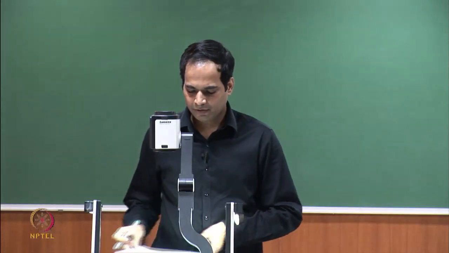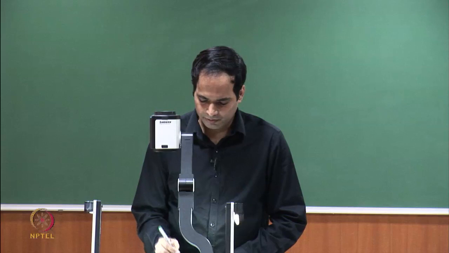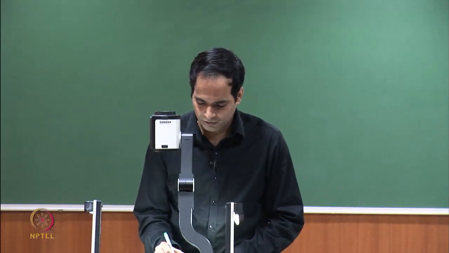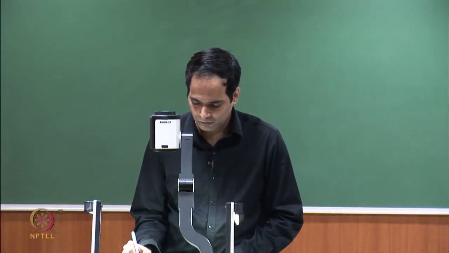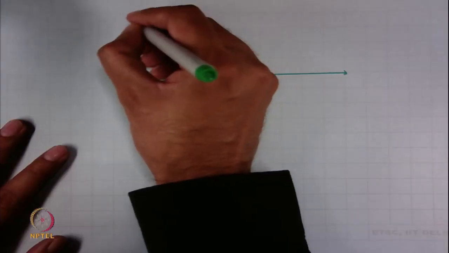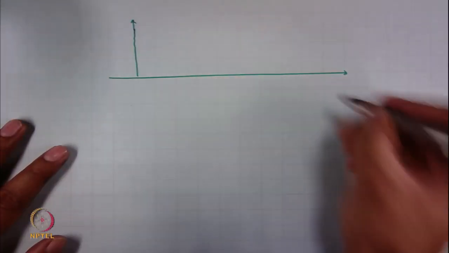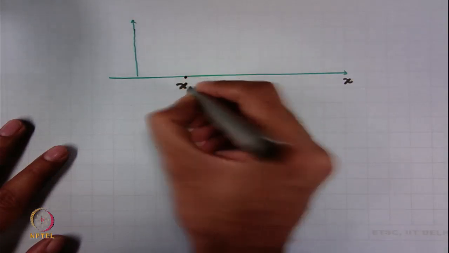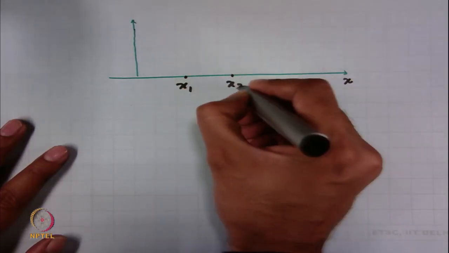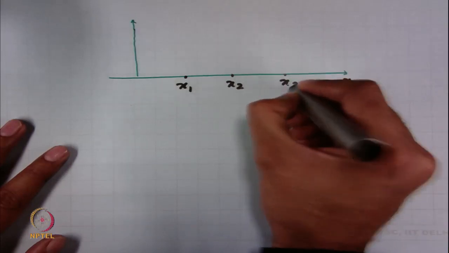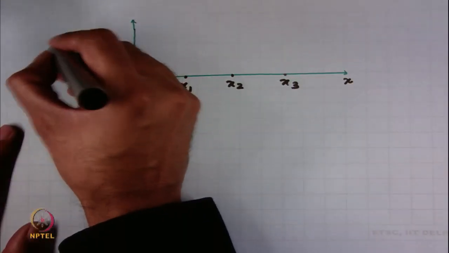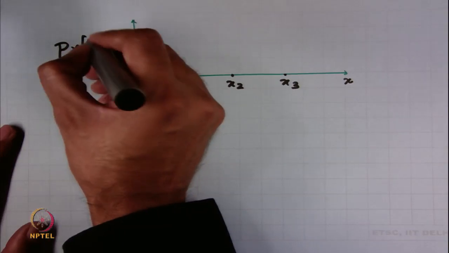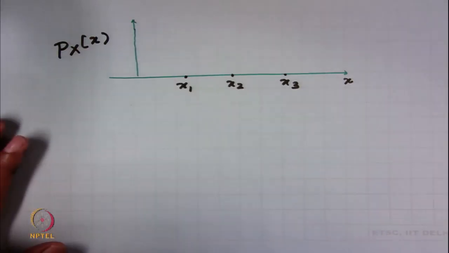So, let us have a picture. On the x axis I have x, and x can take in 3 numerical values x1, x2 and x3, and corresponding to these 3 numerical values I am calculating the probability mass function.